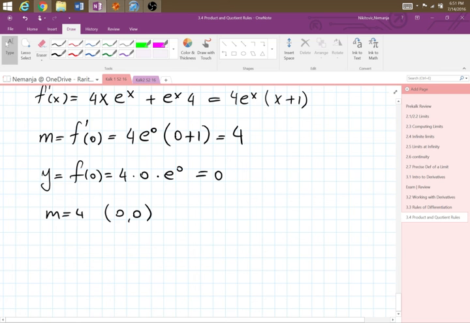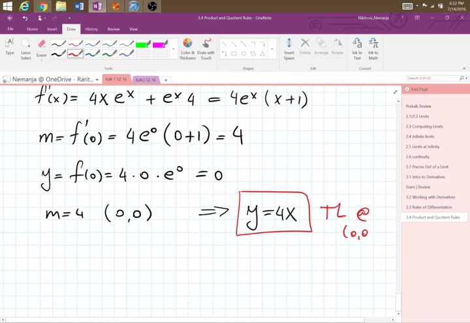So what's the equation of the line? Y equals 4x. Very good. Y equals 4x. And that is the tangent line at 0, 0.